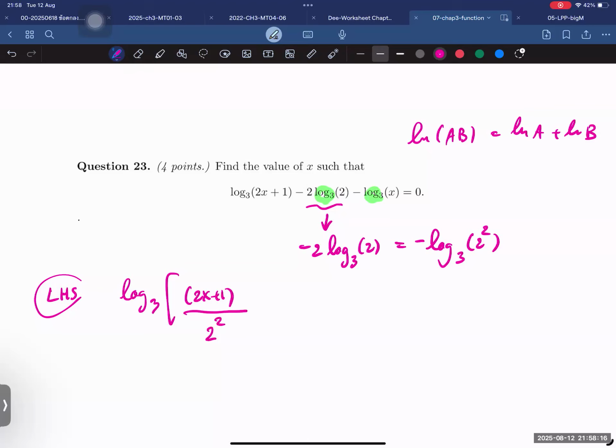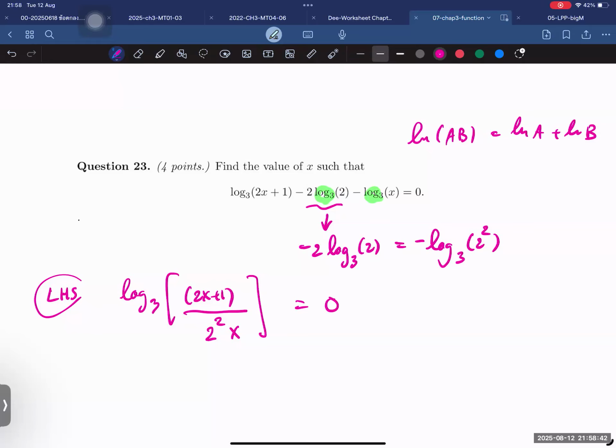And the last one is x, because of negative, equal to 0. And what is log equal to 0? Log of something equal to 0. Log of 1, right? Log of 1 equal to 0.